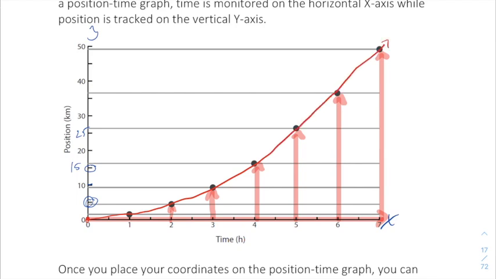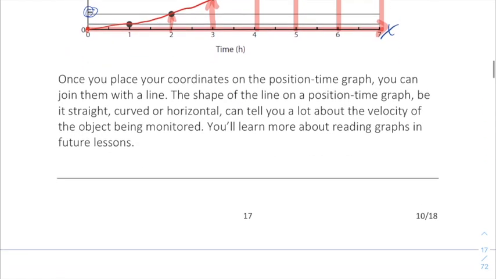That curve is always interesting because it looks like the jumps are getting larger and larger every time. Notice there's only a little jump between these 2 points, then a little bit bigger, a little bit bigger, and so on. So it's almost as if the distance being covered in an hour is increasing, or the velocity is increasing.